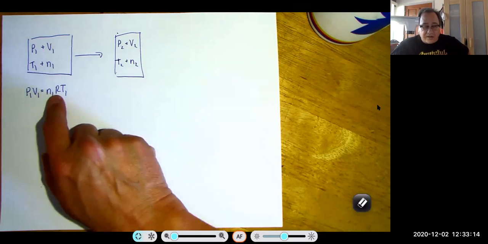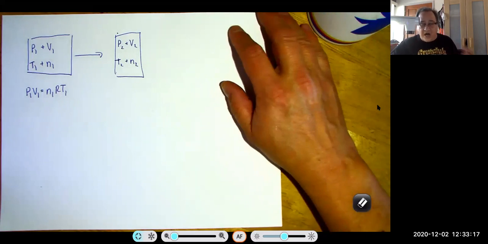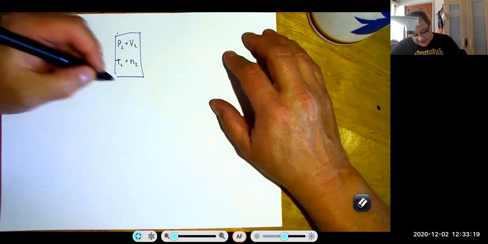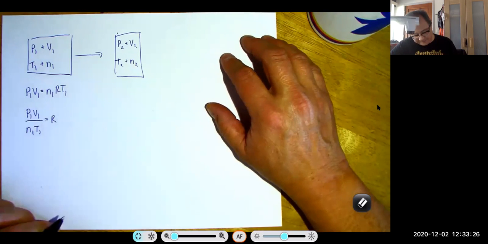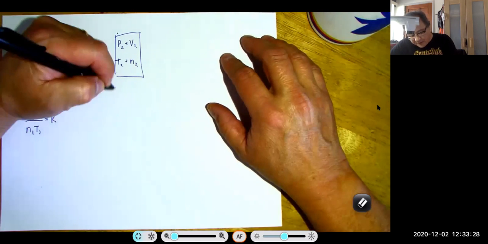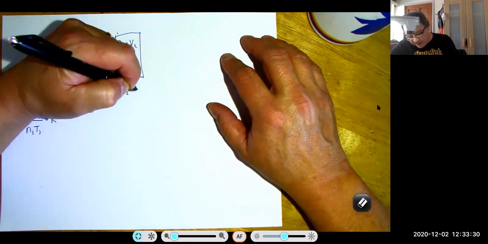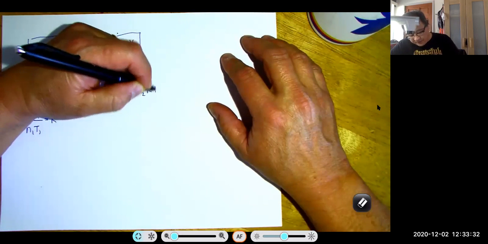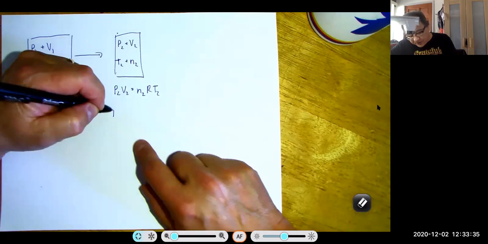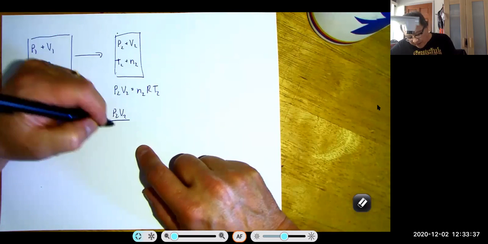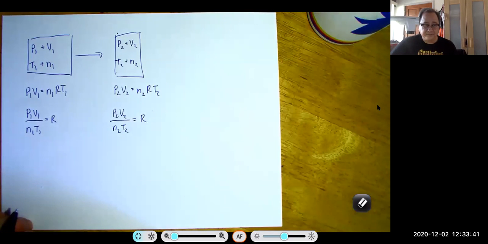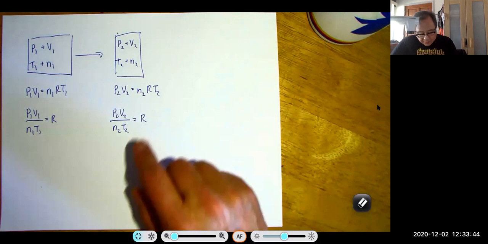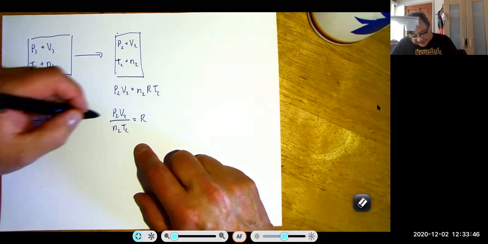How come I don't have R1? Because R is a constant. I can rewrite this as P1V1 over N1T1 is equal to R. And for the second one, P2V2 is equal to N2RT2, and I can also write P2V2 over N2T2 is equal to R. So if they're both equal to R, what does that mean about this and this? It means they equal each other.